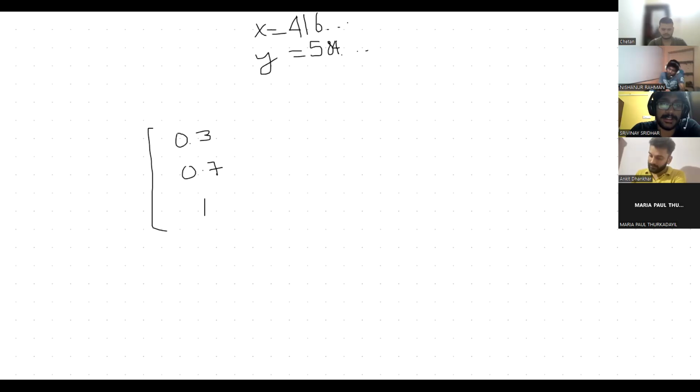So this is 0.5. This is 0.5. This is 1. Input is X and Y. Sorry, it makes it look like there should be 3 inputs. Let me not write like that.